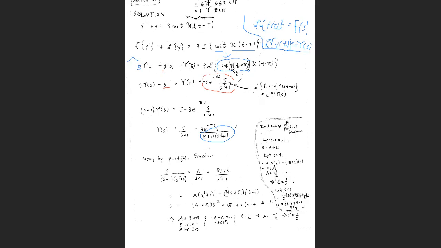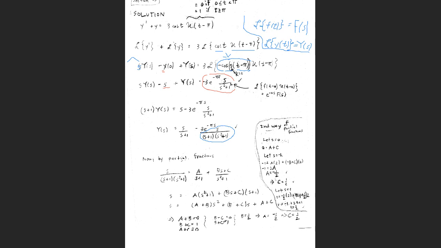Professor, rather than using the second translation theorem, we could also integrate that piecewise function like we did in the first lectures of the Laplace transform, right? Like we integrate from 0 to pi and then integrate from pi to infinity. You could. You got to be careful here.